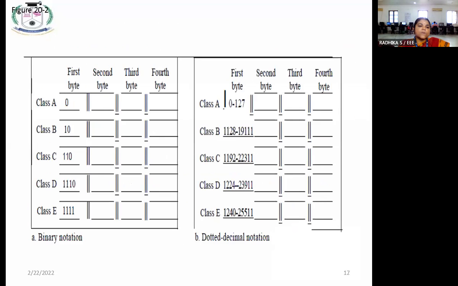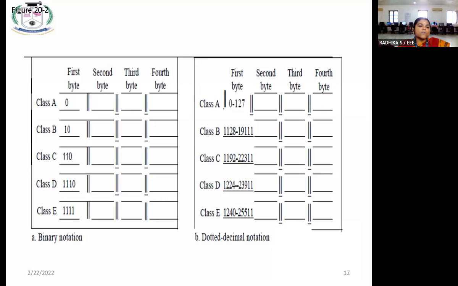Now, moving it back, from the representation of the number, you can identify the class from the address. Always, a class A address will start with a 0.